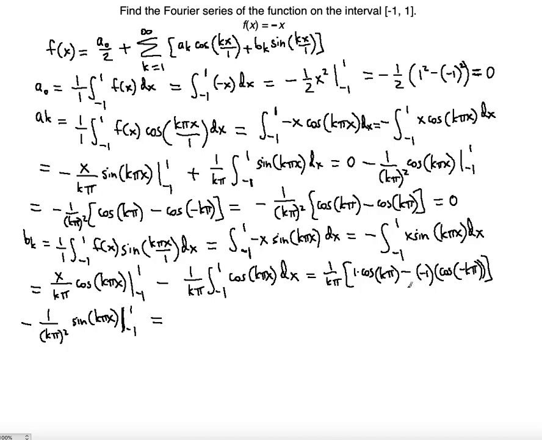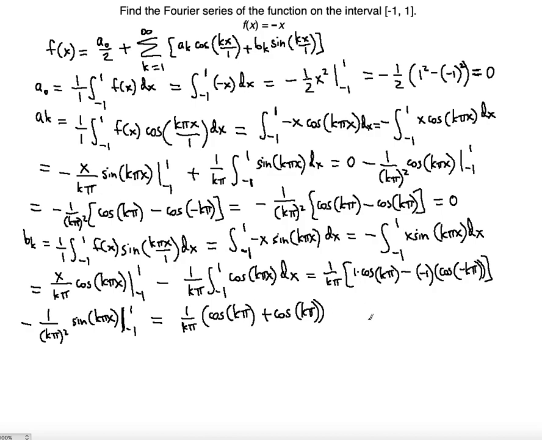Okay, so this is not going to be the same situation as that because of the extra negative. I overlooked that before. Right, so that's going to be 1 over k pi cosine k pi. So let's see. Cosine of the negative is the same as cosine without the negative. Right, so there are 2 negatives, which gives you a positive. Like that.